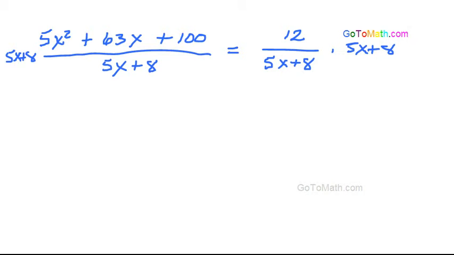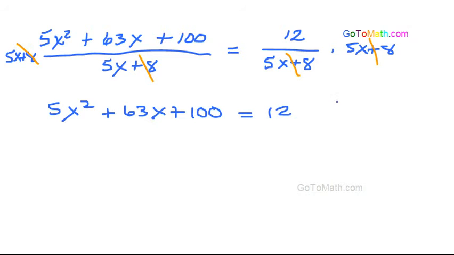That gets these to cancel out. Yeah, that's legal. You can do that. So then we're left with 5x squared plus 63x plus 100 is equal to 12.